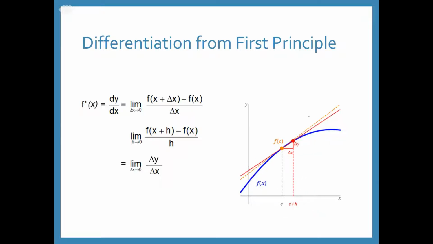Hence, the gradient of the tangent is equal to the limit of f(x plus h) minus f(x) over h as h approaches 0, or in short form, the limit of delta y over delta x as delta x approaches 0. Here, delta y refers to the change in y and delta x refers to the change in x. This is known as differentiation from the first principle.